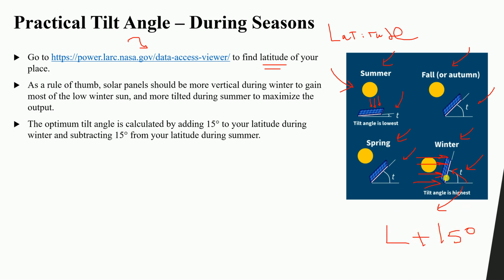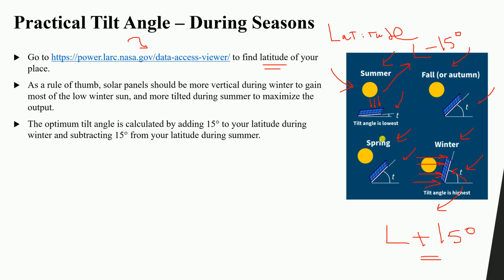And subtracting 15 degrees during summer, so it will be latitude minus 15 degrees. This is the optimum tilt angle to maximize power during summer, and the other is the optimum tilt angle to maximize power during winter.